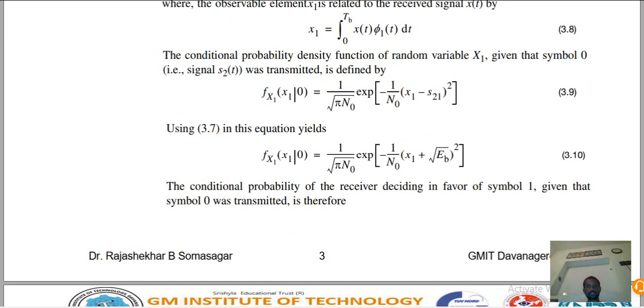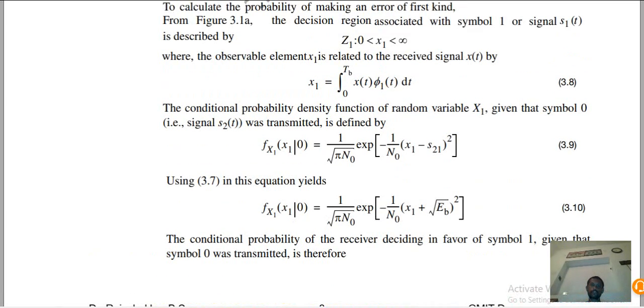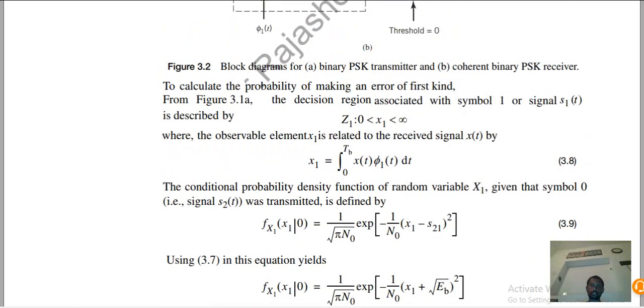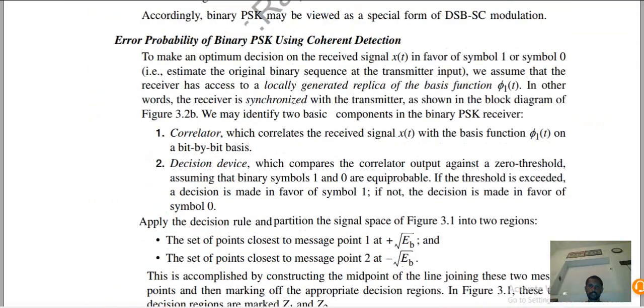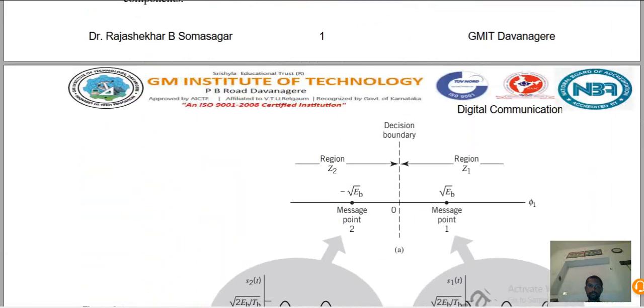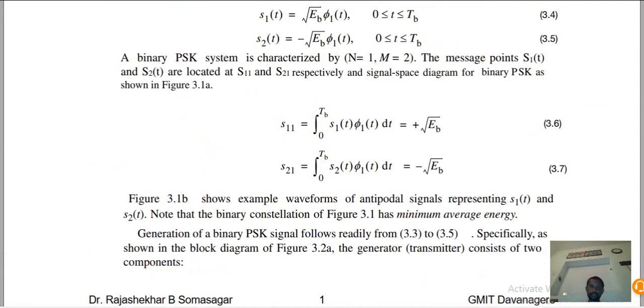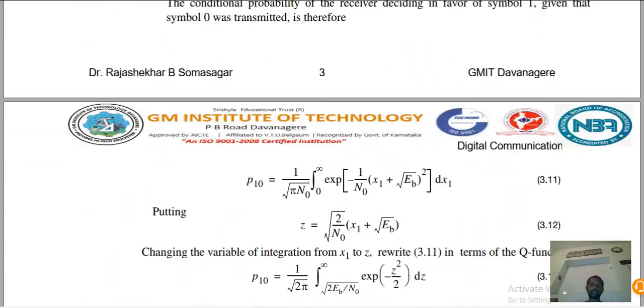Using the above equation 3.7, the definition of the zone, s21 has a negative square root of Eb, that is negative energy.